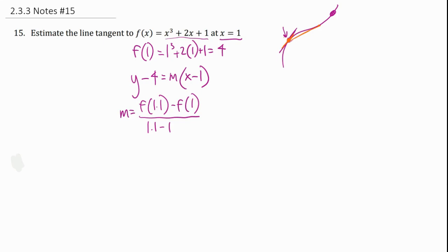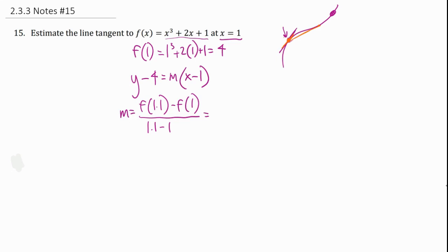Okay, so f of 1.1, I'm going to go ahead and just use my calculator here. 1.1 cubed plus 2 times 1.1, so plus 2.2, plus 1.